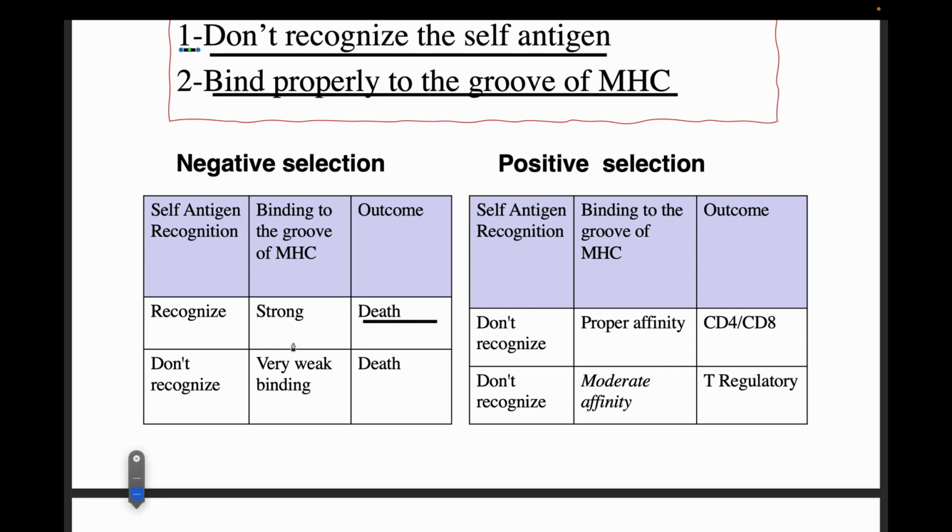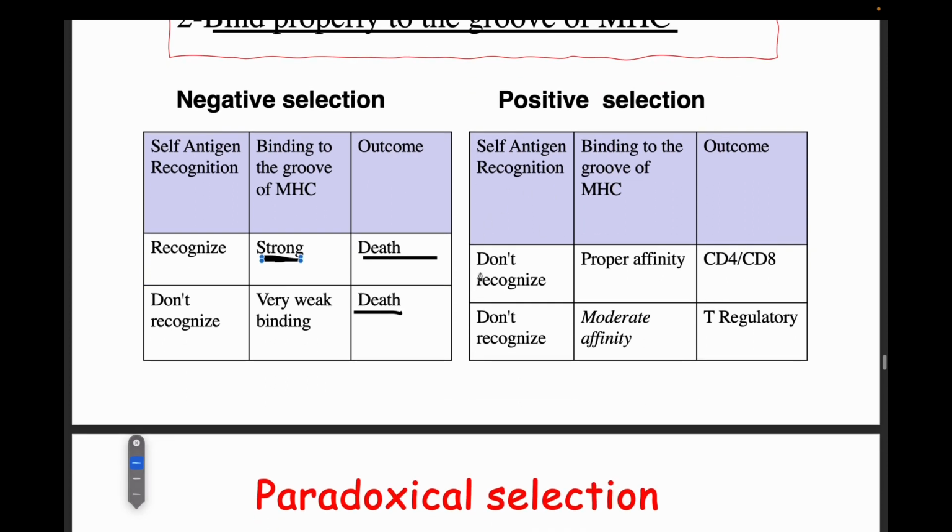الشرط الثاني البايندينج very weak binding to the groove احنا ما نريد ما راح يكون منها فايدة ف it will die. ونفس الكلام if the binding was strong. If the binding was strong, it will also die. The positive selection, first of all, it doesn't recognize the antigen and binds to the groove with proper affinity.